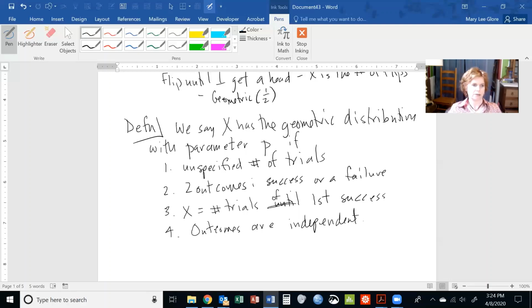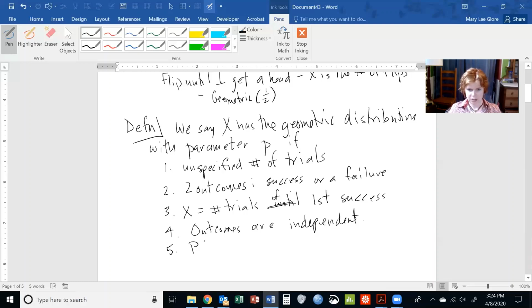The probability of the ace of spades for the first card is 1 over 52. There's 52 cards. But once I pick that card and discard it, now there's only 51 cards. So the probability is now 1 over 51, and then after that, 1 over 50, etc. Those are not independent.